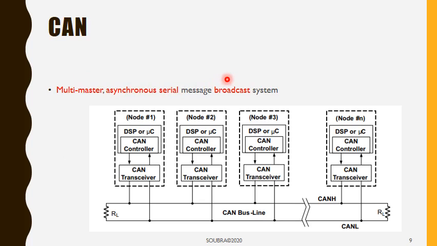I said earlier that it is based on broadcasting, so we're gonna broadcast some messages, and those who are interested in it will use it, and those who are not interested in it will just discard it. Plus, we're seeing another notion here that we've seen earlier with the I2C bus: it's a multi-master. So systematically, when we have multi-master, what is the thing that we need to care about? If it were a synchronous system, we would need to synchronize the clocks.